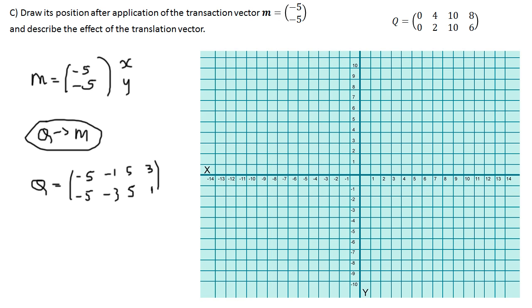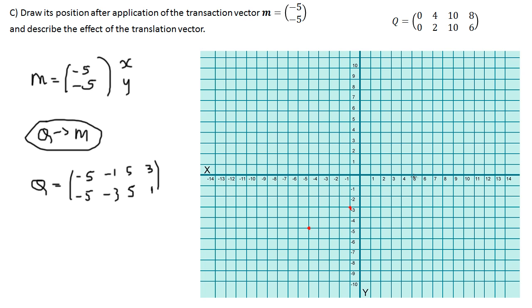Let's do that then. Let's get a pen. Let's use a red pen this time, like we did in the first part. Q has different values now, and this would be -5 on x, and then -5, and this will be the new origin. This is where (0, 0) used to be. So this is our first point, and then we have -1 and then -3.